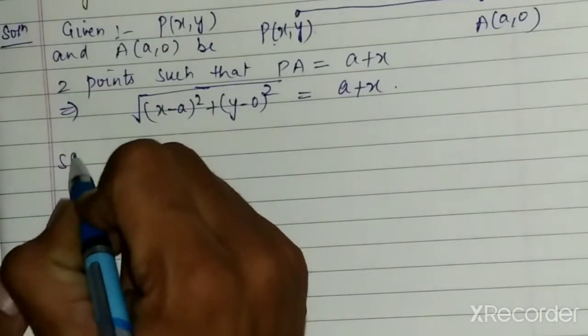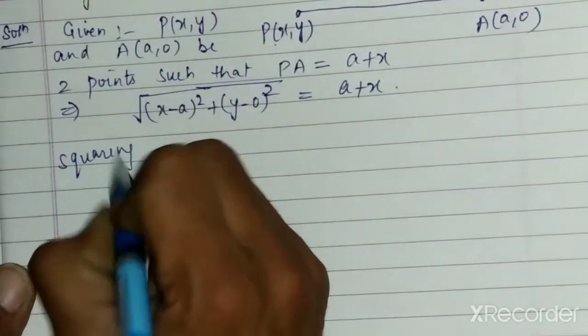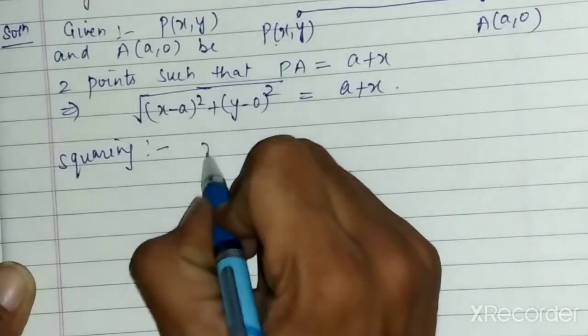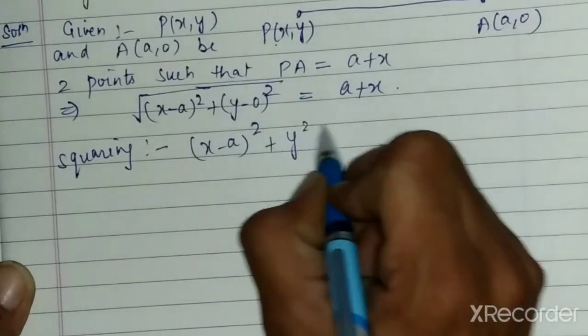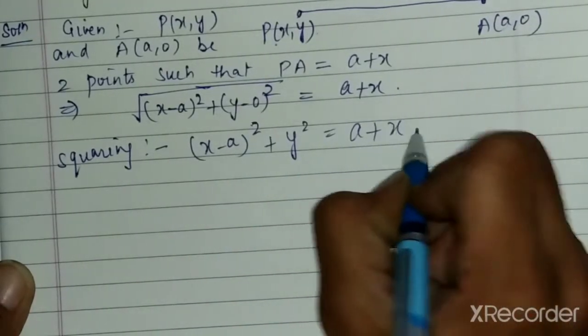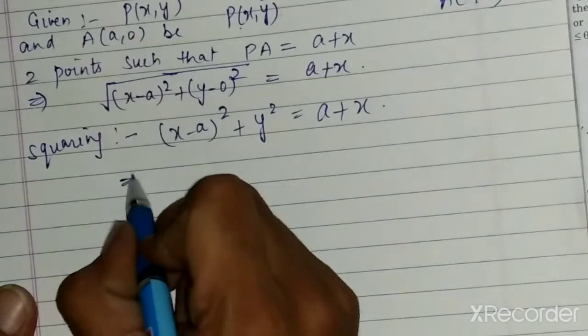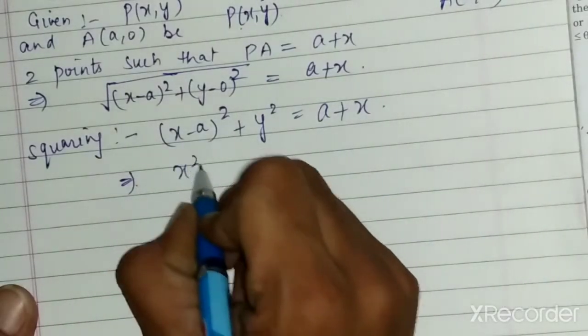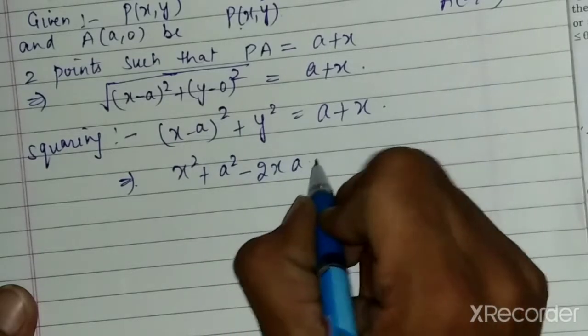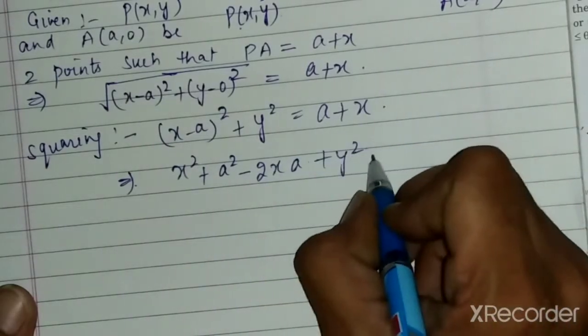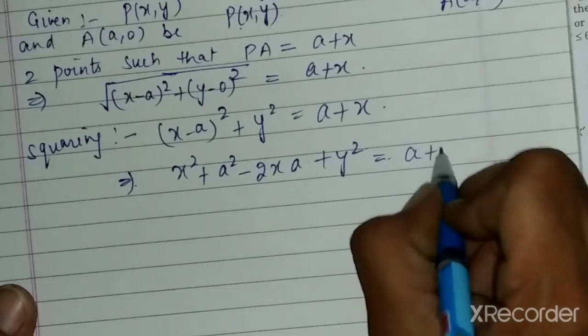Now squaring both sides, we have (x - a) whole squared plus y squared equals (a + x) whole squared. From here we have x squared plus a squared minus 2xa plus y squared equals (a + x) whole squared.